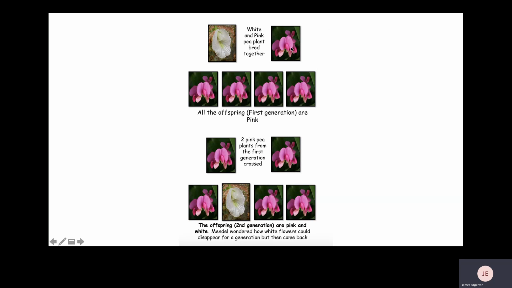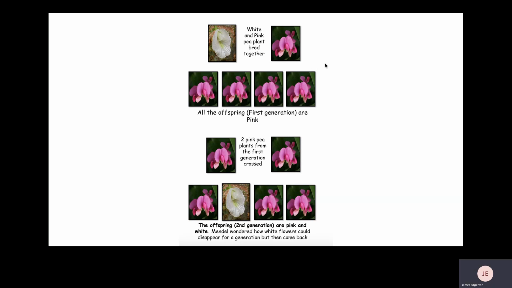In the first generation, he took the anther, the male part of the flower, and cross-pollinated the other flower with the pollen from the other flower's anther. In the first generation, he got all purple flowers.